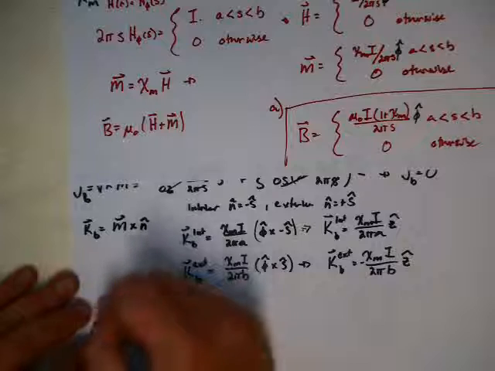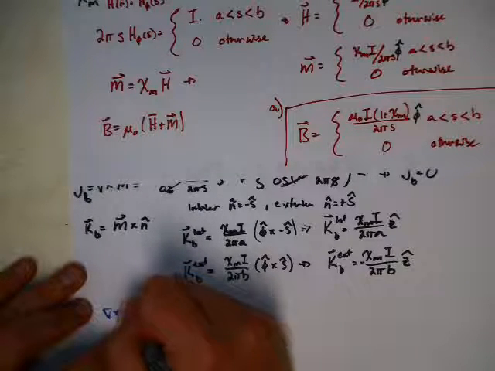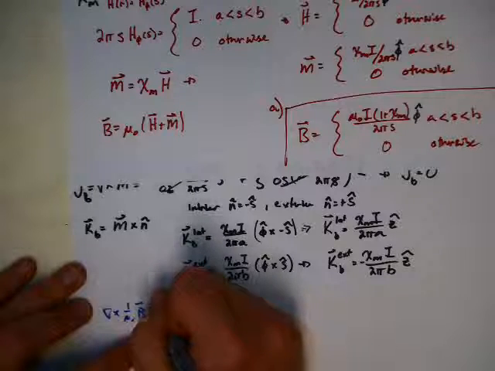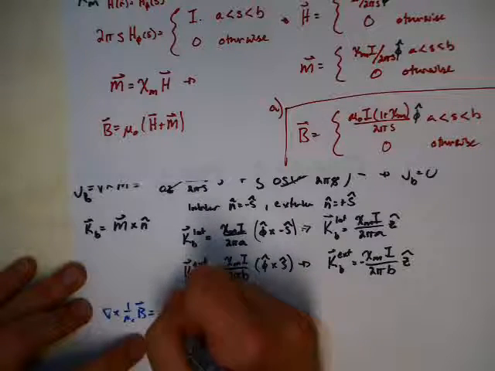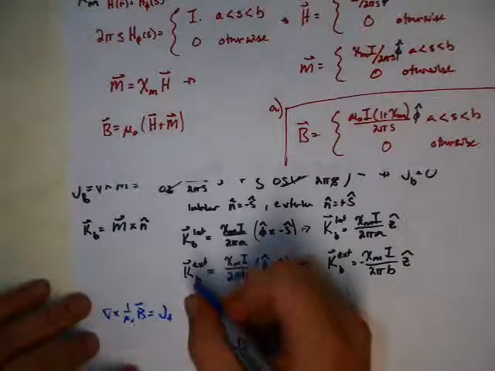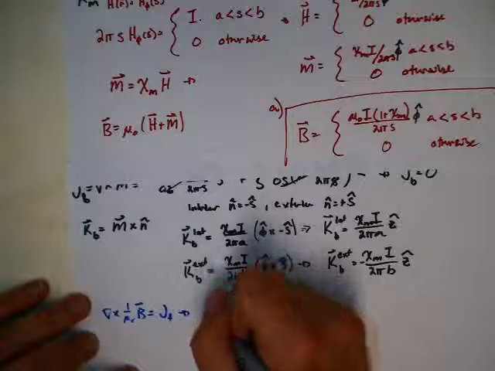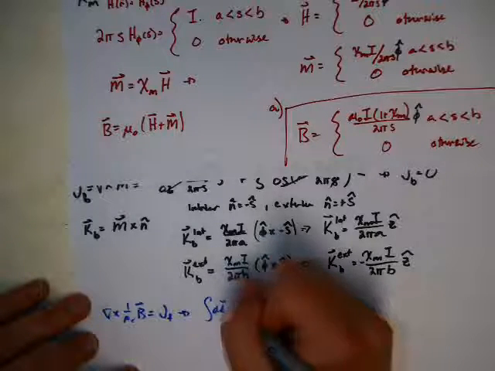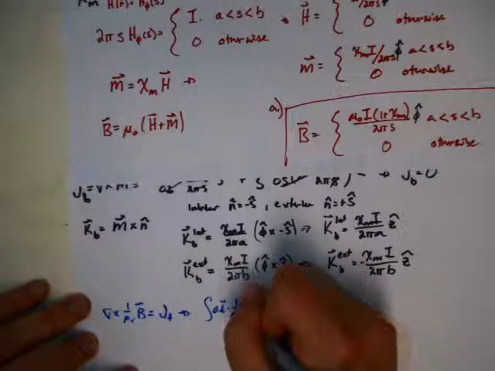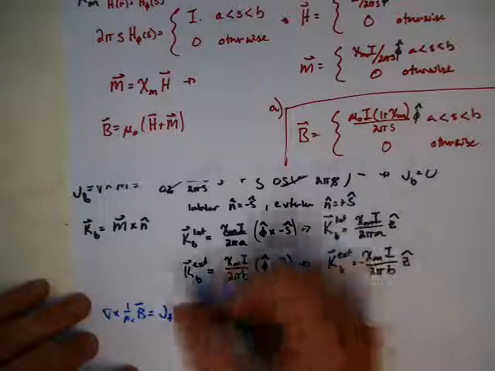We do the same thing to find B. Here, the curl of 1 over mu naught B is equal to the free current, J_F.